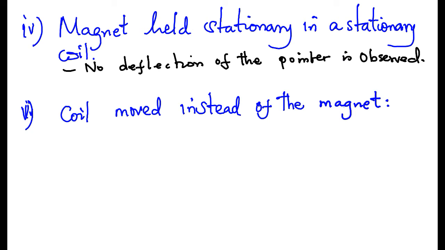When the coil is moved instead of the magnet, similar observations are made as when the magnet is moved instead of the coil. So when we move the coil instead of the magnet, the observations made are similar to those of moving the magnet instead of the coil.